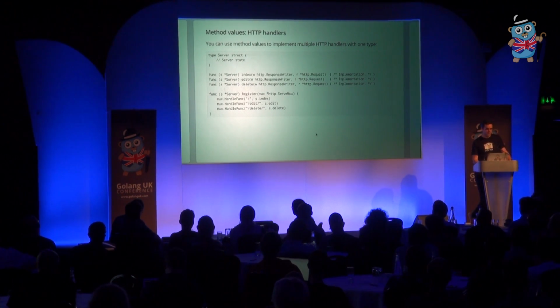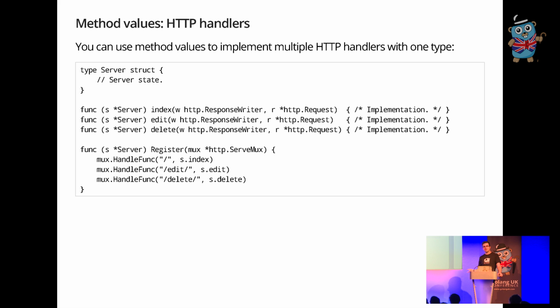Another cute example is you can use method values to implement a bunch of HTTP handlers on the same type. So usually an HTTP handler method has to be called ServeHTTP. But if you use each of these methods as a handler function as opposed to a handler implementation, you can.